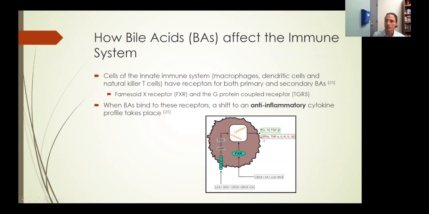Interferon gamma, a main pro-inflammatory molecule, is decreased. TNF alpha, interleukin 6, interleukin 1 beta, all pro-inflammatory cytokines, are reduced as bile targets these receptors, and that reduction in these cytokines reduces inflammation in the liver. So the bile acids have a strong effect on the inflammation happening in the liver and in liver disease patients.